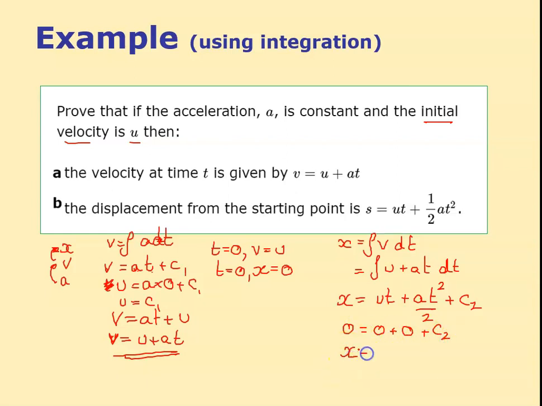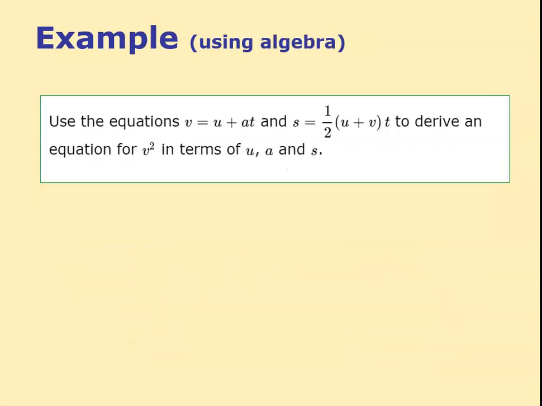So x equals ut. Now, again, usually we write this as a half at squared. And again, normally we tend to write s at the front instead, as I did mention before. And so this is our formula, s equals ut plus a half at squared. Note those two equations came from old maths from chapter 19, but are very useful.